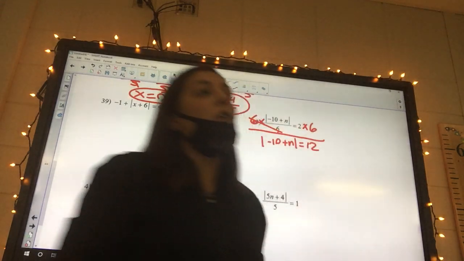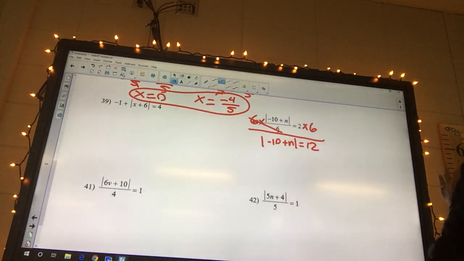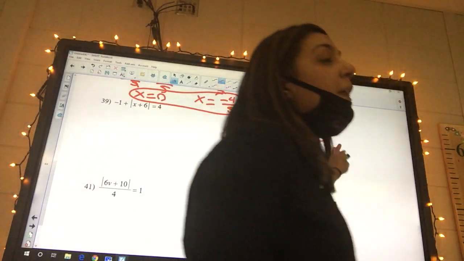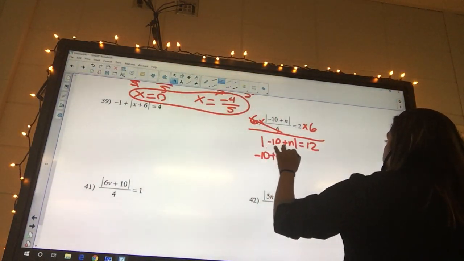Is our absolute value all by itself now? So what do we need to do now that it's all by itself? You write it twice. Once we get the bars all by itself, then is when we write it twice. So negative 10 plus n equals 12.